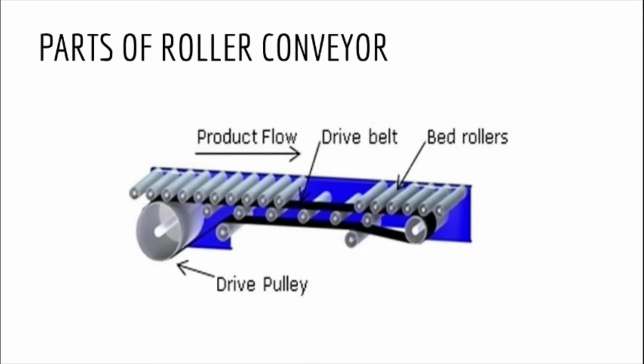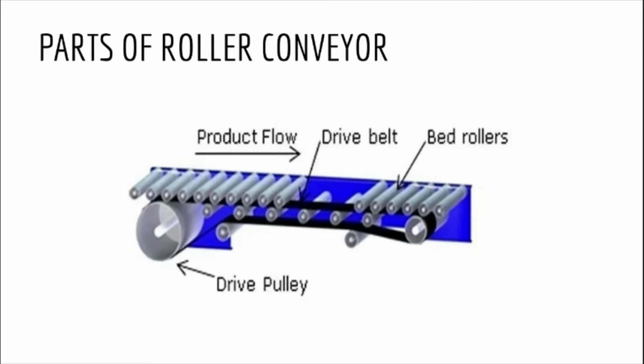Parts of roller conveyor. Drive belt. A drive belt is a motorized belt to power each roller, allowing this conveyor type to control the motion of the materials being transported.